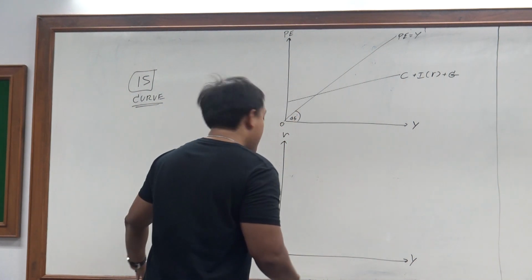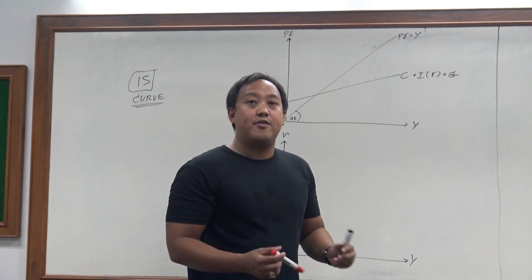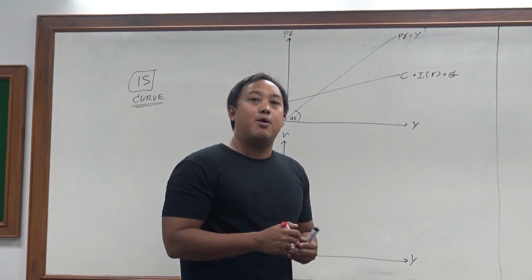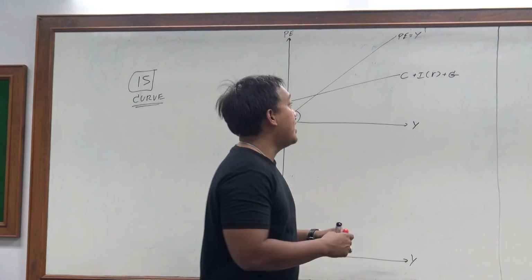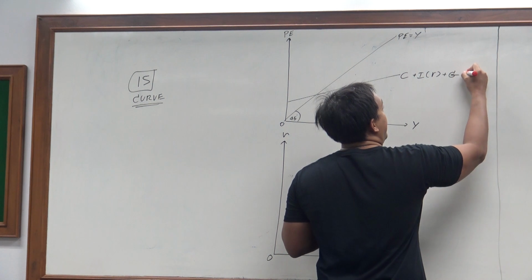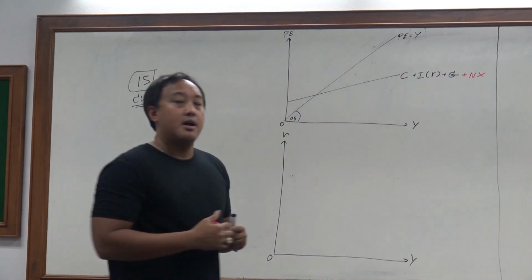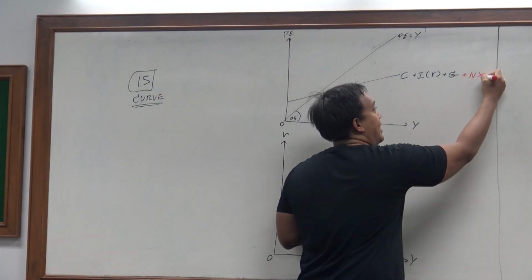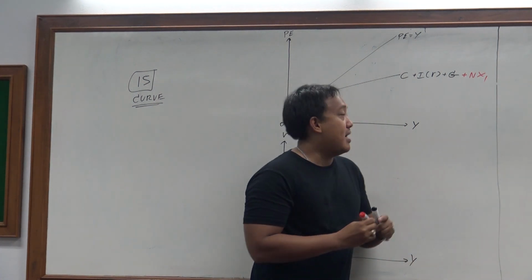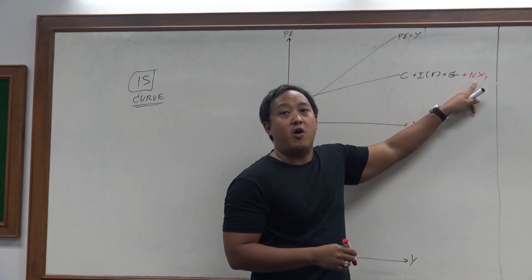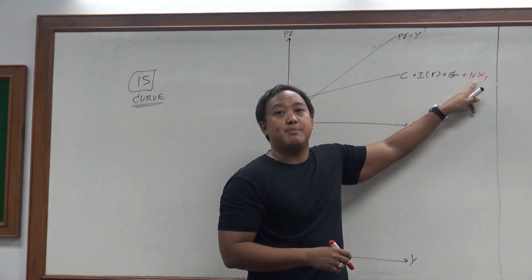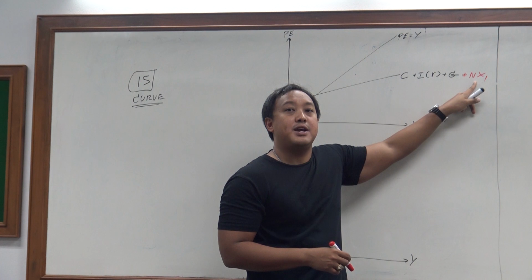But now we're going to apply our model to an open economy, so we add one more factor into the model: plus NX. Let's call this NX1. Remember, NX is net export, X minus M, export minus import.